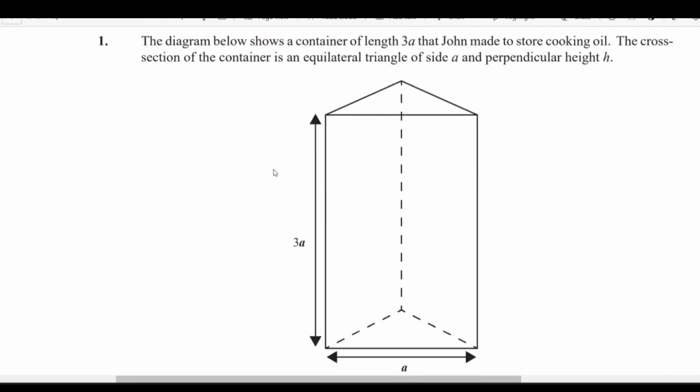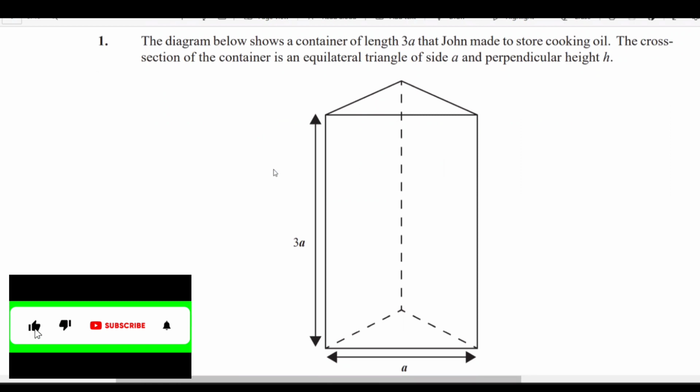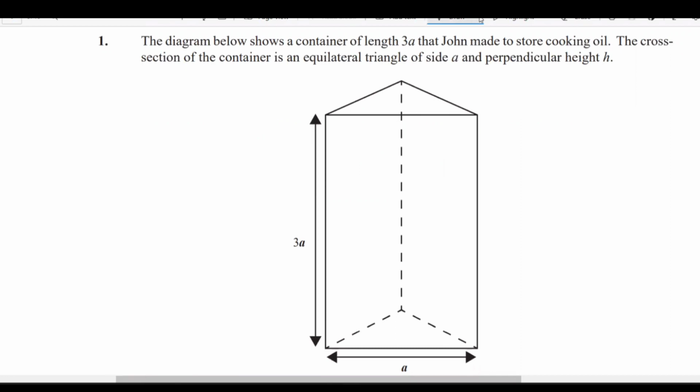So in order to have a clearer vision as we go forward, you want to highlight some stuff as soon as you have it. For example, we were told here that the triangle's side is A and it is equilateral, which means they're all the same length.